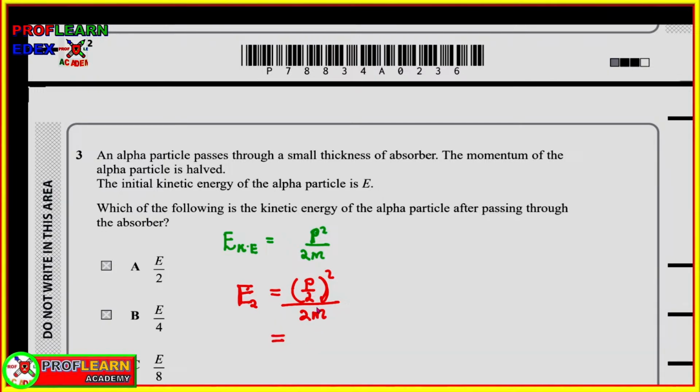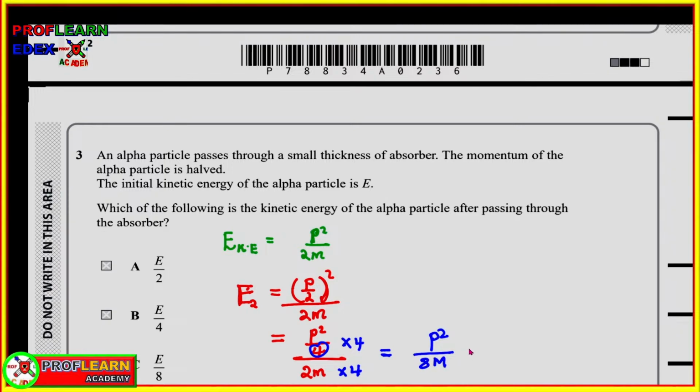So that's going to be P squared over 4 divided by 2m. Then if we want to get rid of this 4 that we have here, we multiply by 4, also down here times 4. If you work it out, you're going to get P squared over 8m.